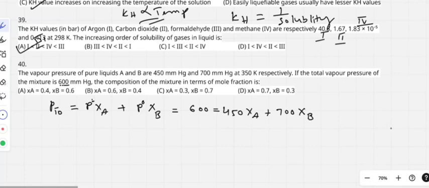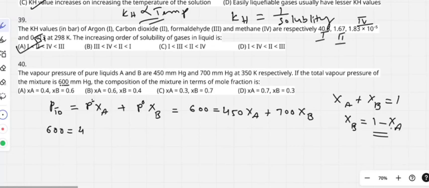But we know that XA plus XB is equal to 1. Therefore, XB is equal to 1 minus XA. I substitute the value of XB. So 600 is equal to 450 XA plus 700, and instead of XB I write 1 minus XA.